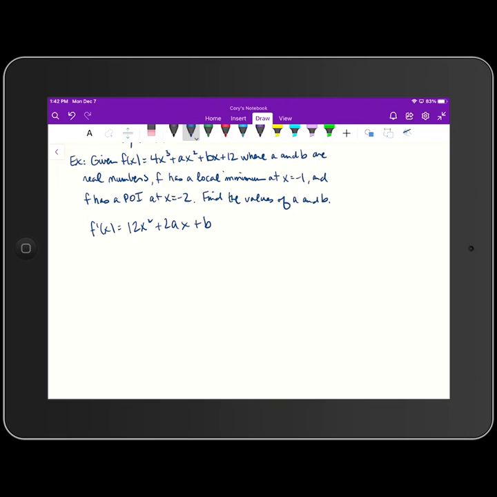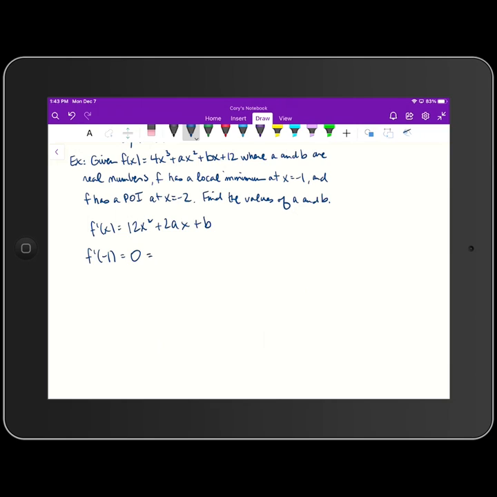If there is a local minimum at -1, that means that -1 has to be a critical point for our function. Because this derivative is in polynomial form, the only critical points are going to occur where that first derivative is equal to 0. So f prime of -1 has to be equal to 0.